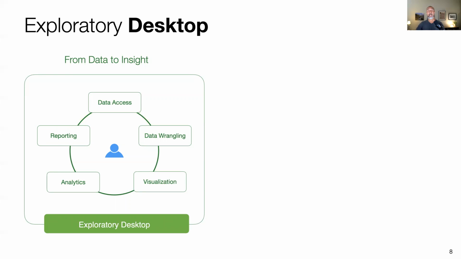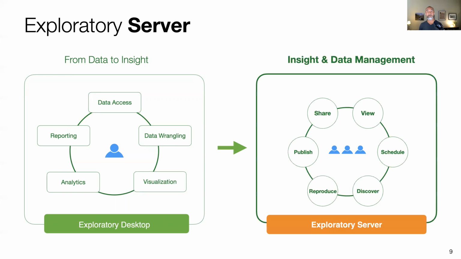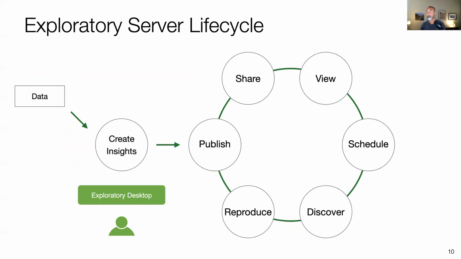Then once you have charts, notes, dashboards and so on, you want to publish to Exploratory Server. And in Exploratory Server, there are various things you can do. So basically, picture it as a life cycle. After you create the insights, these are the things you can do.